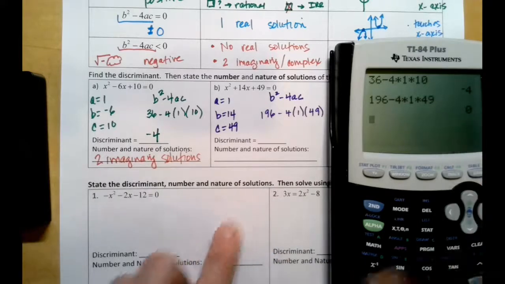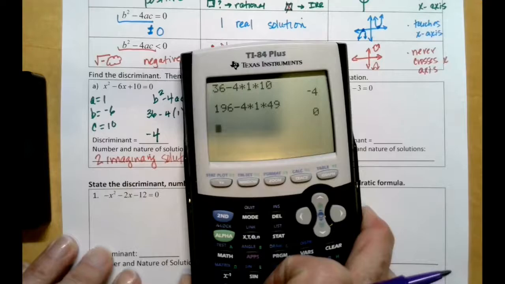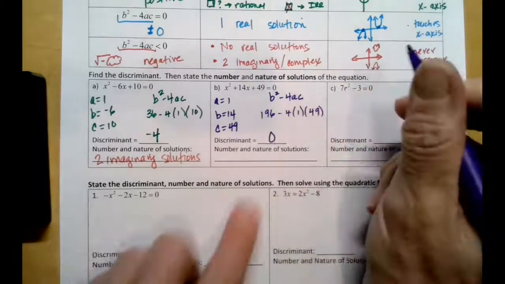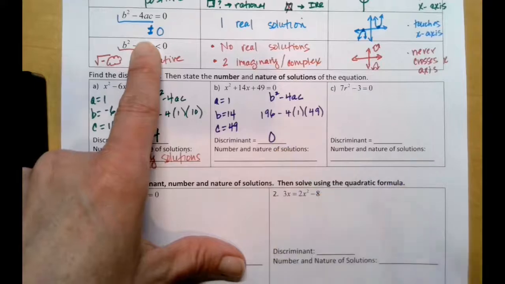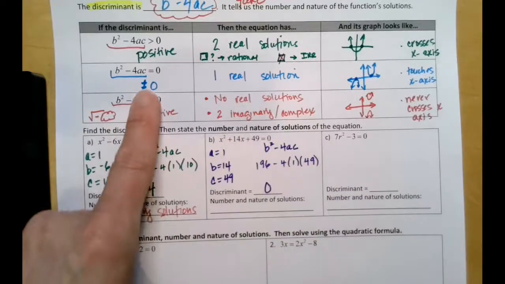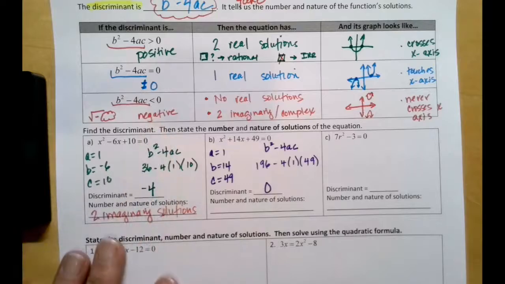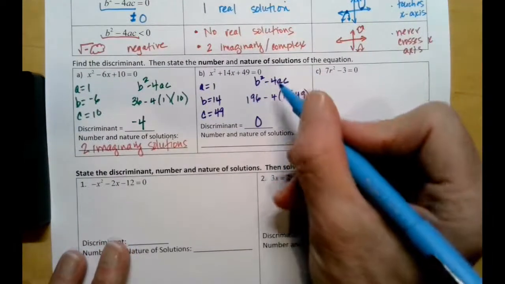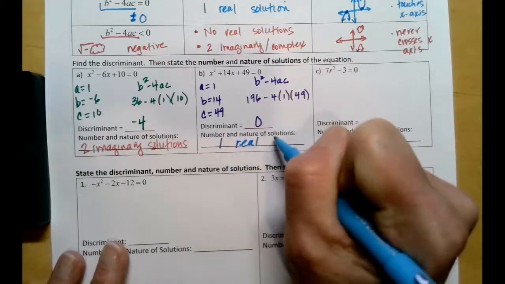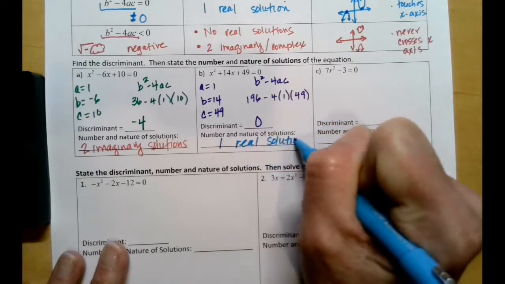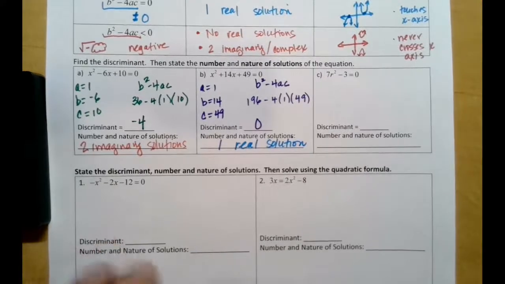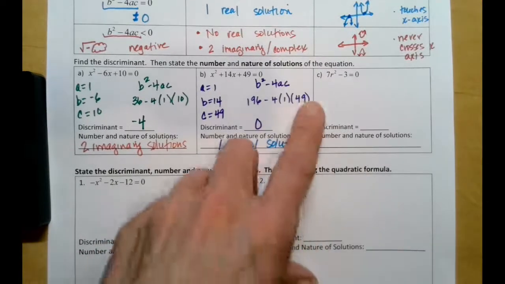Check it out. Can you see that? The discriminant value is going to be 0. So I know that if my discriminant is equal to 0, that means I have one real solution.